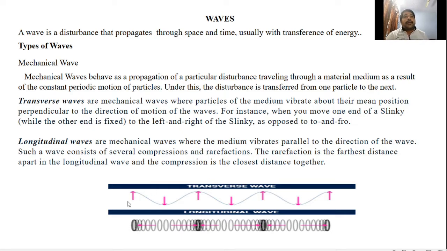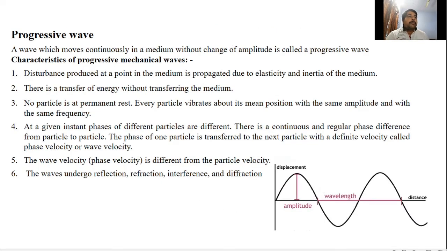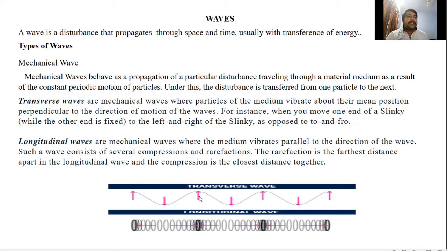Suppose you assume this is the direction of propagation of the wave and the particle vibrates perpendicular to the direction of propagation of the wave, then such waves are called transverse waves. The longitudinal waves are mechanical waves where the medium vibrates parallel to the direction of waves.